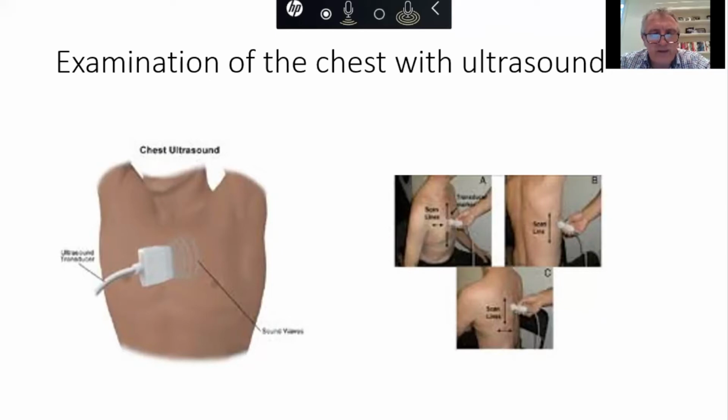If we examine the lung in the axilla, we're looking at the middle lobes. And if we look at the lung posteriorly, it's the lower lobes. It's exactly the same as we were taught with the stethoscope. There are ways of examining it, either intercostally or transcostally, and I will talk a little bit about that.